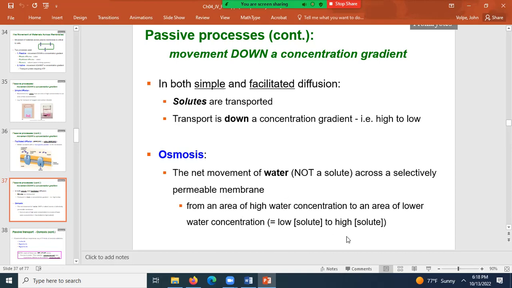The water will be high outside the cell where the solute is low. And where the solute is high inside the cell, the water will be low. So water will be opposite of the solute. And we define this by the concentration of the solute.